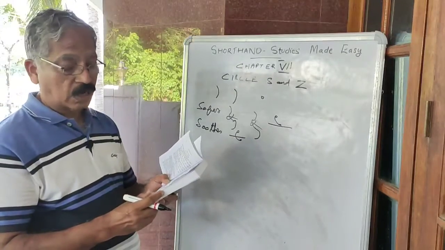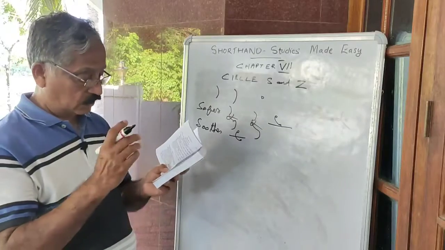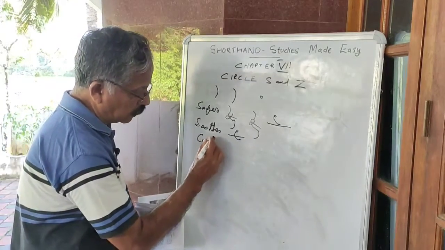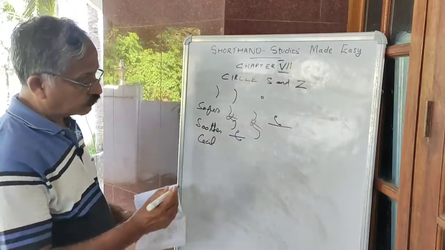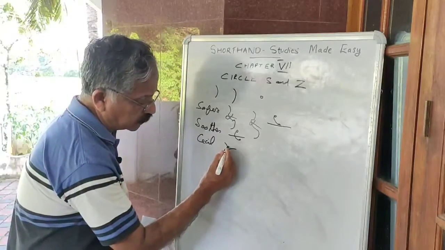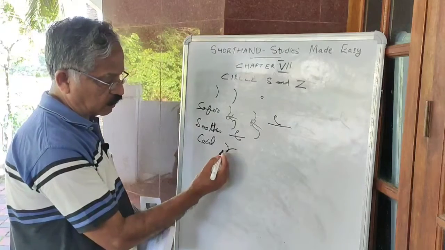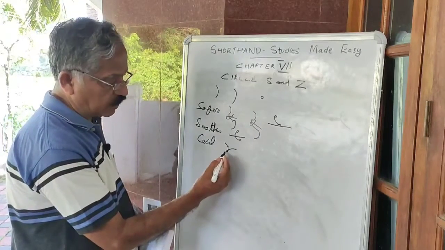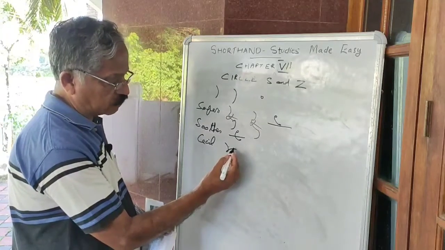Now, how do we write the S or C sound in between the consonants? For example, Cecil. How do we write Cecil? S, Zil, Cecil. One S we write as a small circle in between. The middle S sound is a small circle, then the next consonant.